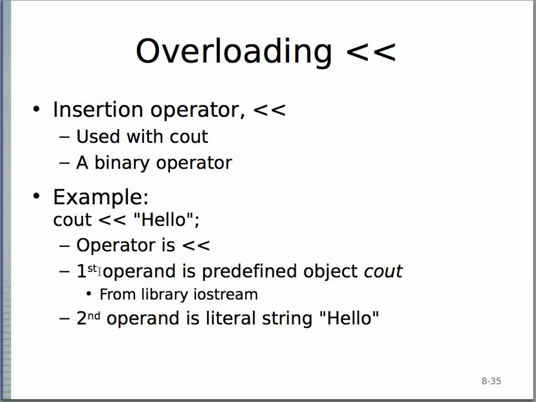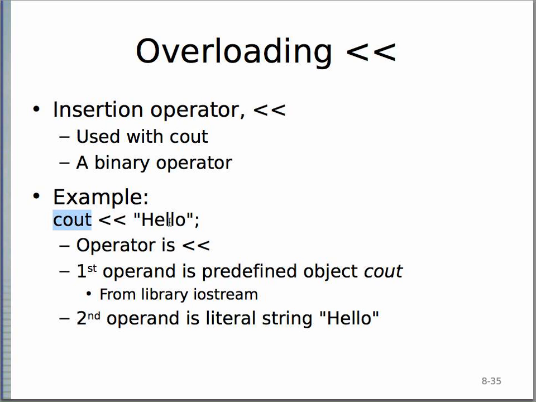The first operand is the predefined object cout in this case. In this example, the first object is cout, and the second operand is this string. You want to keep that in mind when we define the insertion operator.